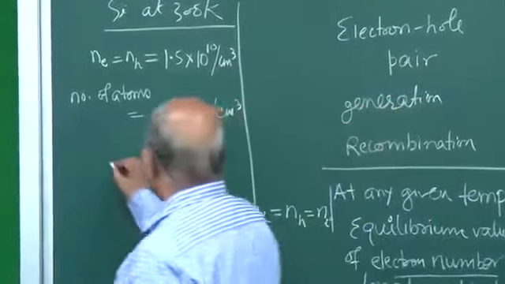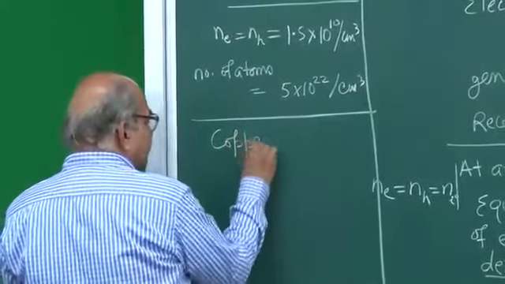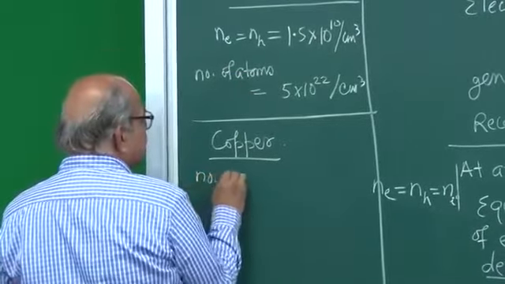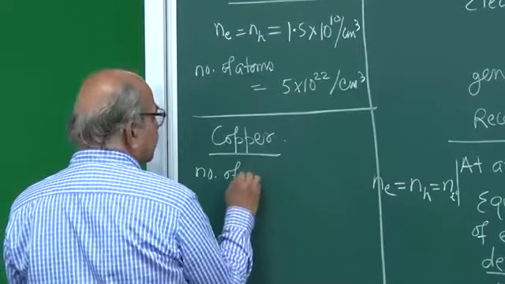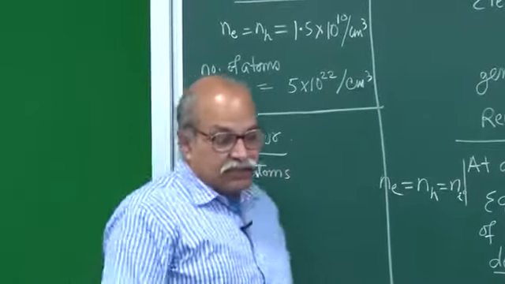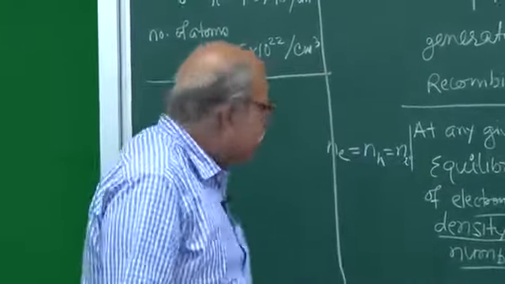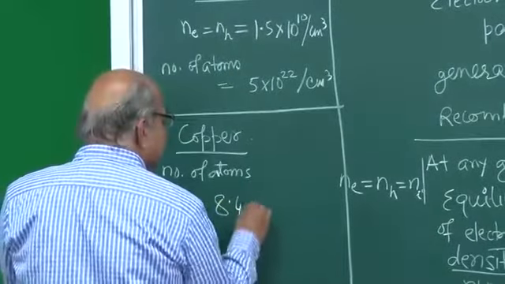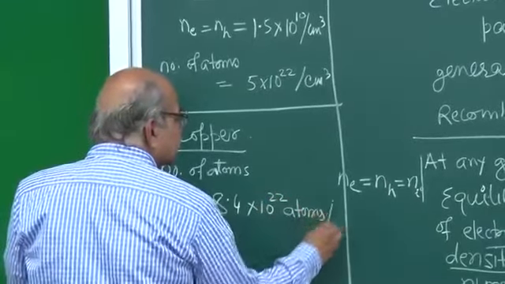But if you compare with a good conductor, let us say copper, the density of atoms, the number of atoms per centimeter cube, is some 8.4 or 8.47 into 10 to the power 22 atoms per centimeter cube.